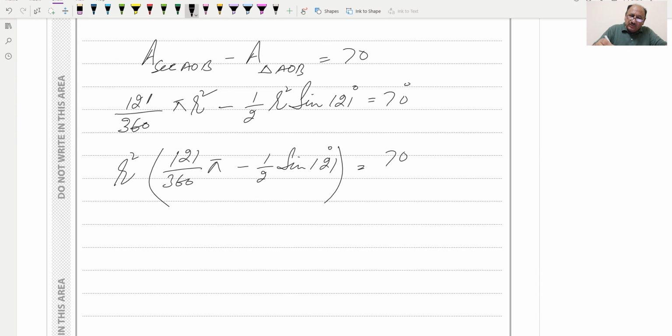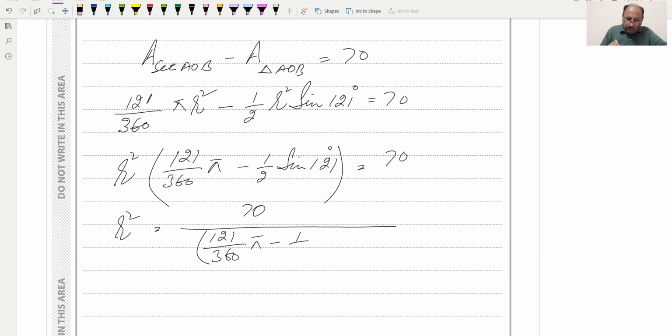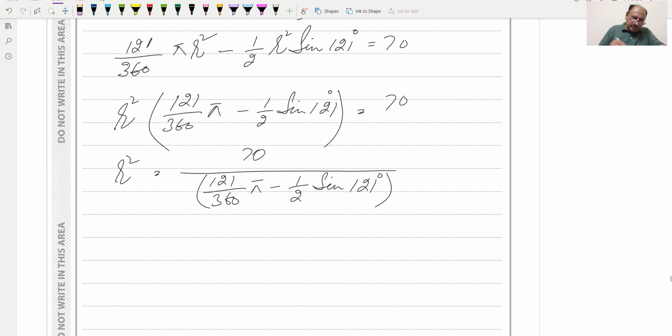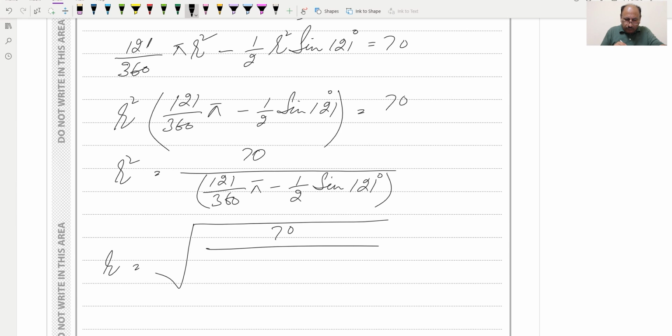This is not 70 degrees, it's 70. So r square will be equal to 70 divided by the whole value, which is 121 over 360 pi minus 1 by 2 sine of 121 degrees.